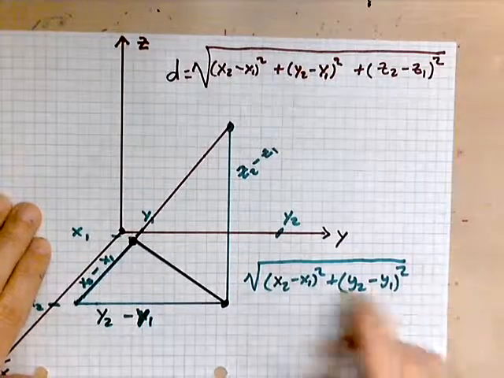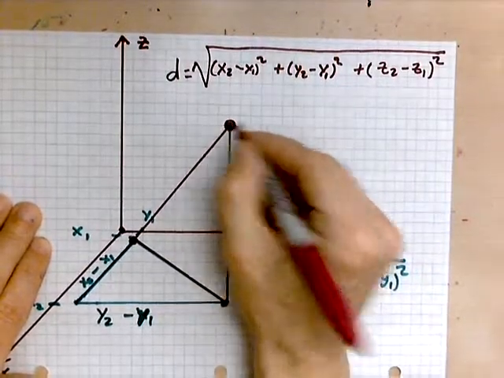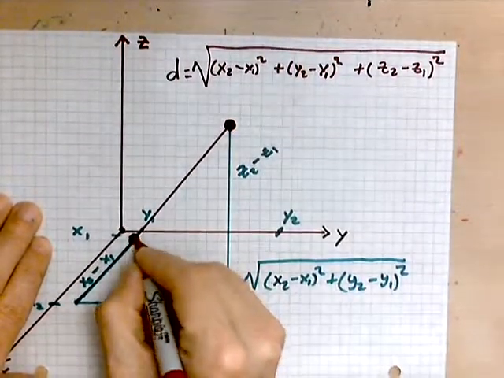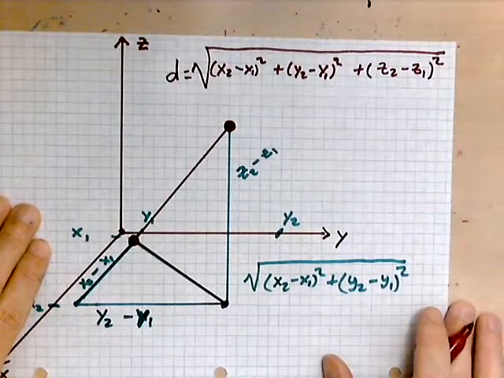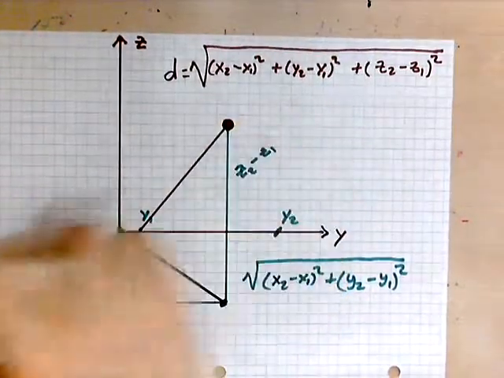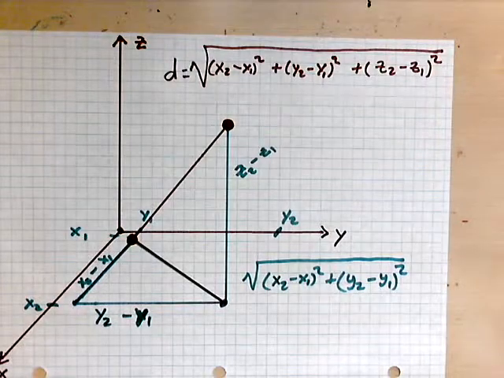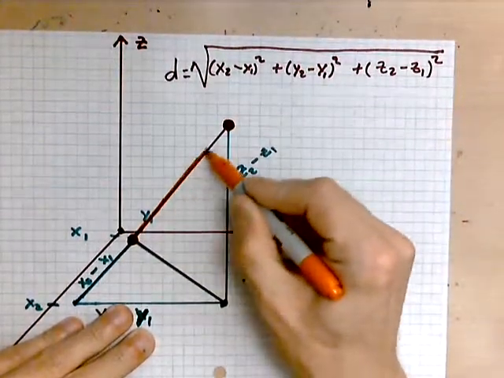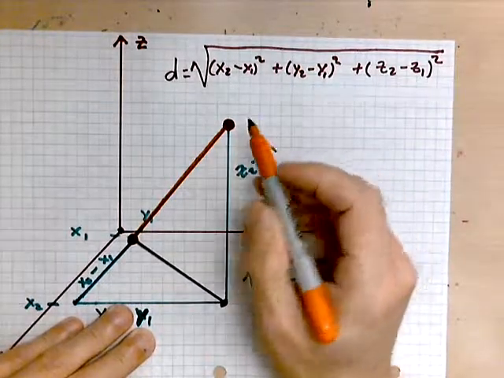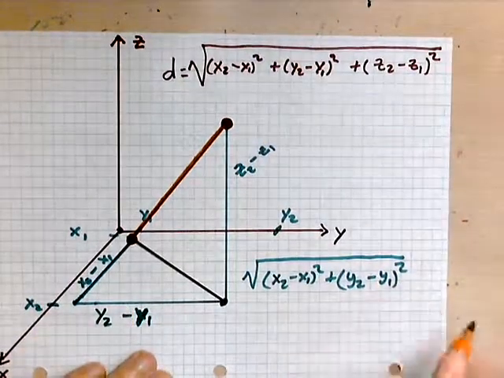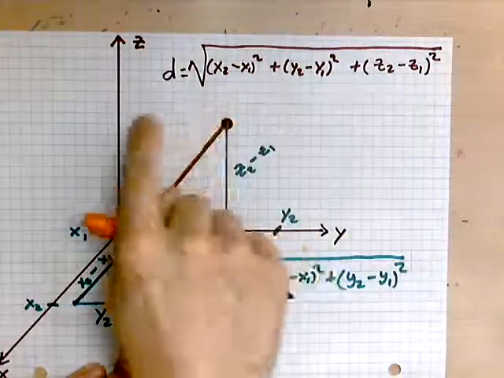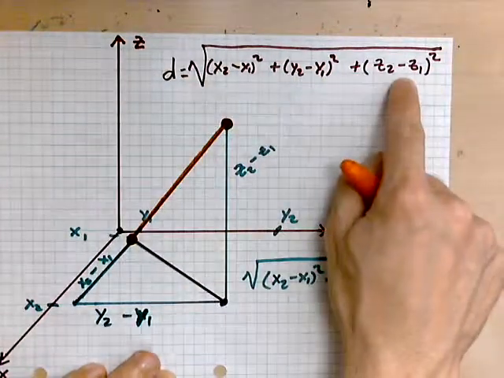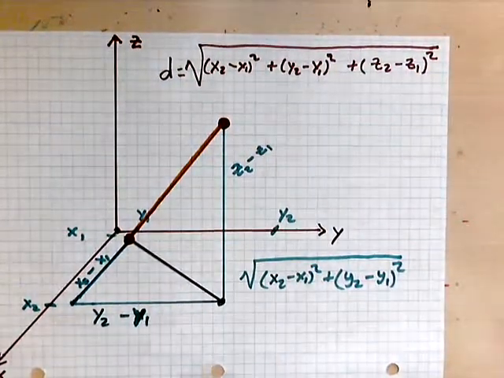And this is how you find the distance between this point and that point. Okay, this segment here, let me trace that with an orange marker. That segment is given by this. The length of that segment is equal to this quantity here.